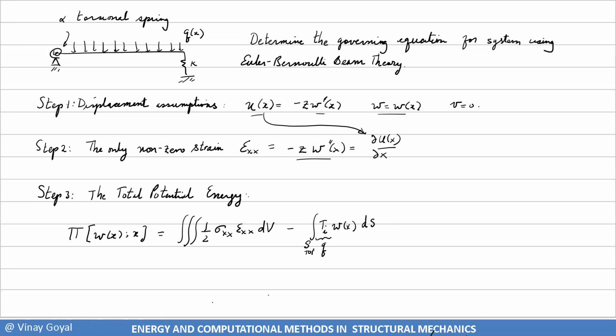And I have some spring constants whose energy can be found, and you can check it in physics, to be 1/2 K times the deflection at the end squared. And then you have the spring constant alpha, and then w prime at 0 squared, because a torsional spring is usually related through the slope at this point. So I think that makes sense.